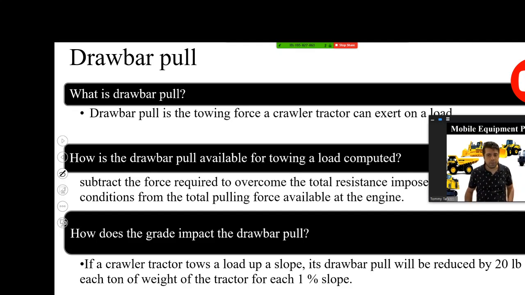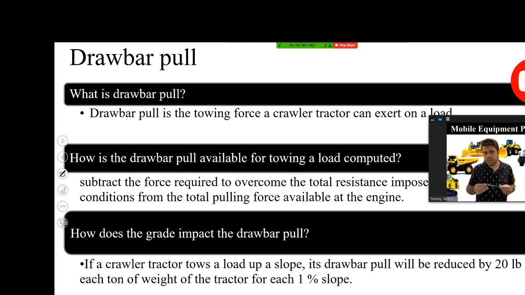For example, if your vehicle is 15 tons, and you're going up a grade of 5%, then 20 must be multiplied by 15, and then multiplied by 5. So 20 times 15 times 5 will give you the drawbar pull reduction, okay?